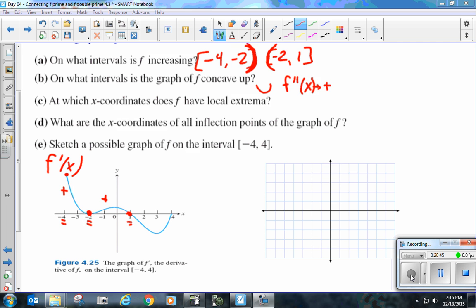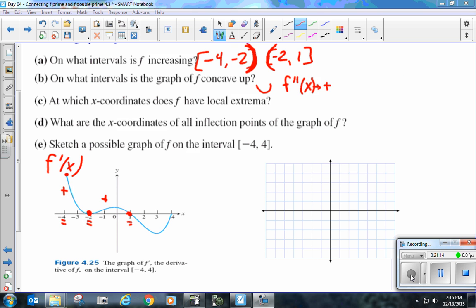The first derivative is the slope of the original. So the second derivative will be the slope of the first derivative. One more time: the first derivative represents the slope of the function. Derivative is slope. Well, what is the second derivative? That's still a derivative, but it's the derivative of the first derivative. Do you see what I'm saying?